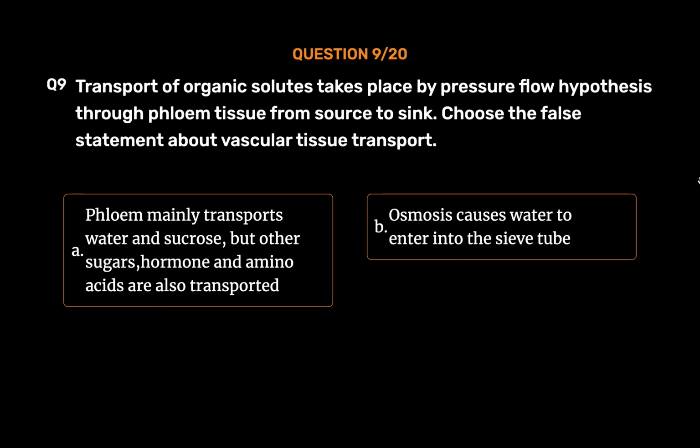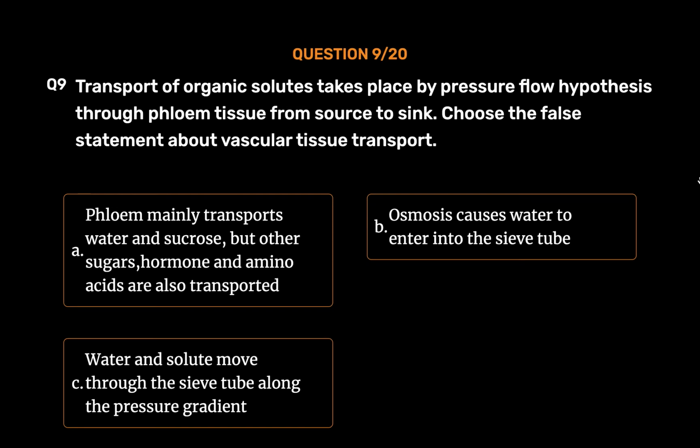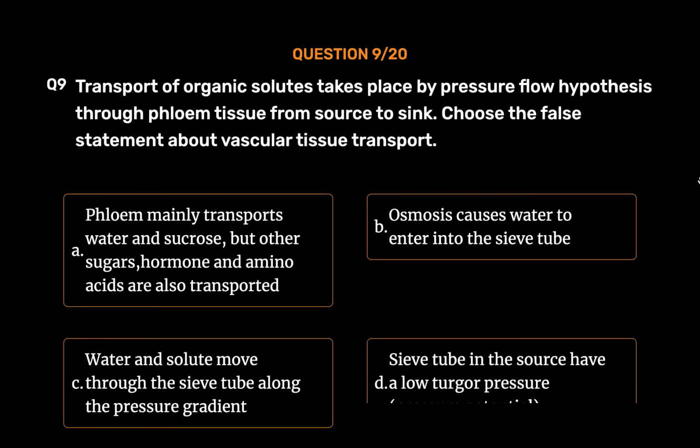Option B, osmosis causes water to enter into the sieve tube. Option C, water and solute move through the sieve tube along the pressure gradient. Option D, sieve tube in the source have a low turgor pressure potential. The correct answer is Option D. Sieve tube in the source have a low turgor pressure potential.